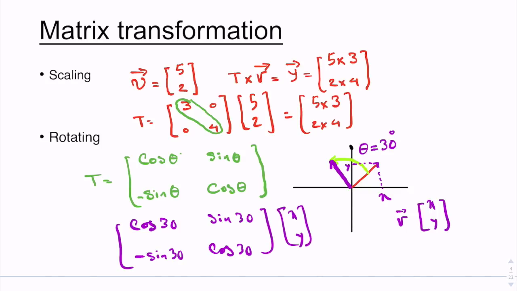So the result would be a new vector. So these are the two main operations for matrix transformation.